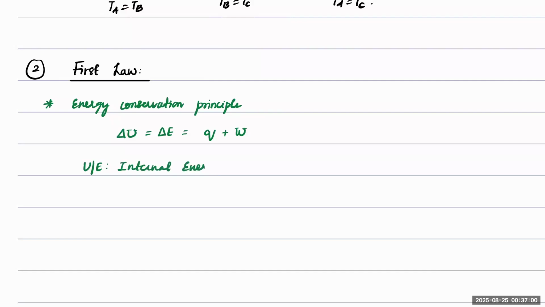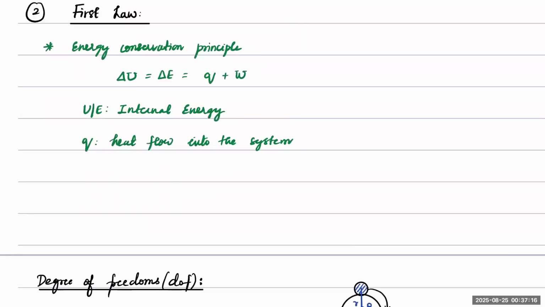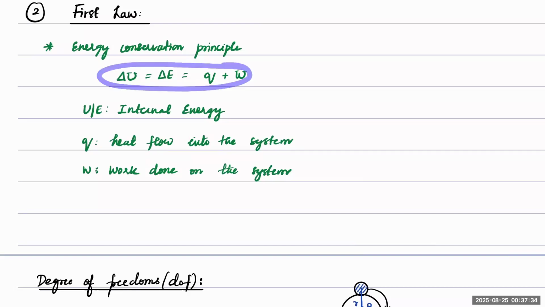Q represents heat flow into the system. I'm taking a positive value of Q, which means it is into the system. And W means work done on the system. Again, I'm taking a positive value. So if I take positive values, then this equation will have everything positive.